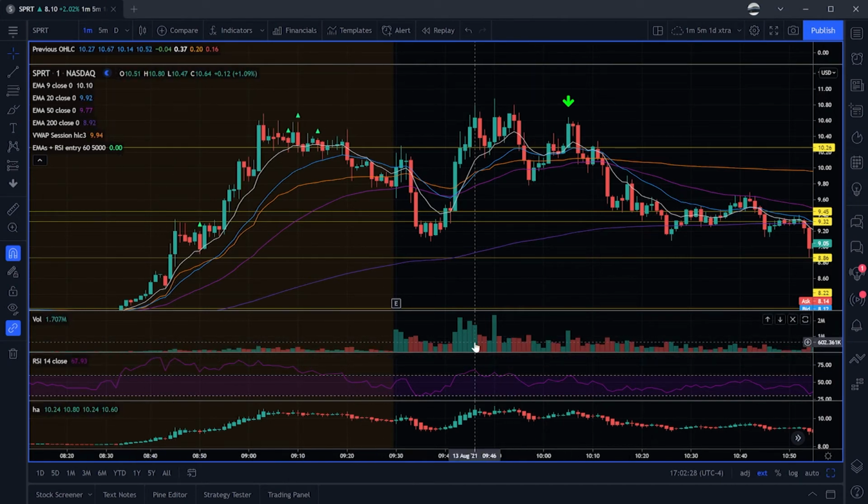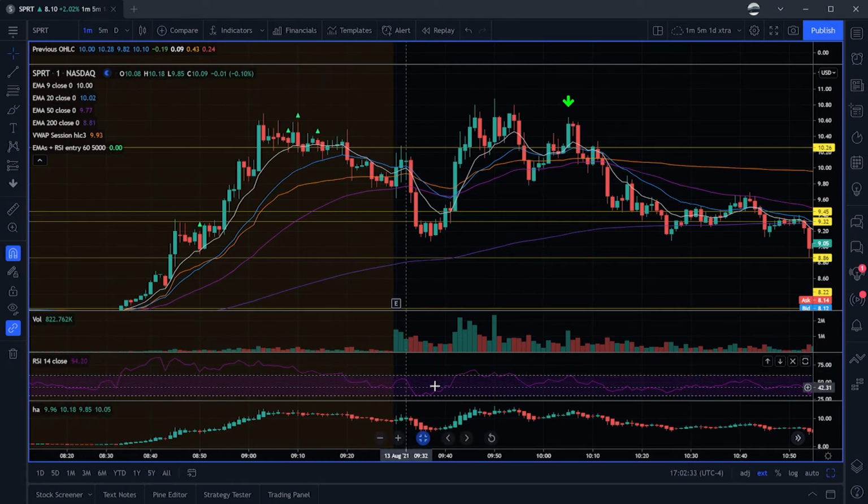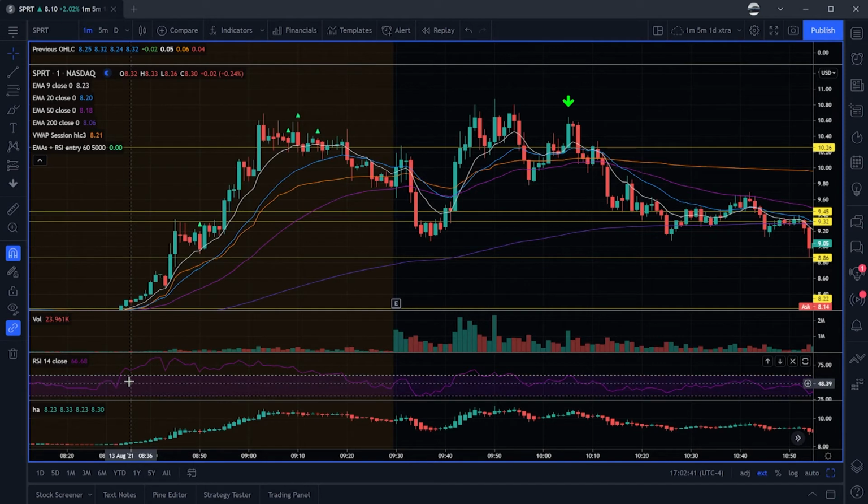We have the volume, just like on the 5 minute. Then I use the RSI here. I use it in a particular way, taught by one of my mentors. Basically, I don't use it for oversold, overbought, or for the divergence. I simply use it as an indicator to see if the stock is strong enough.